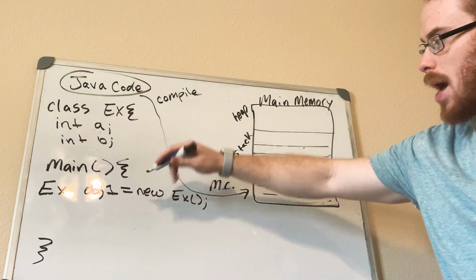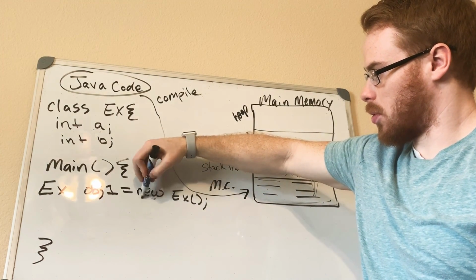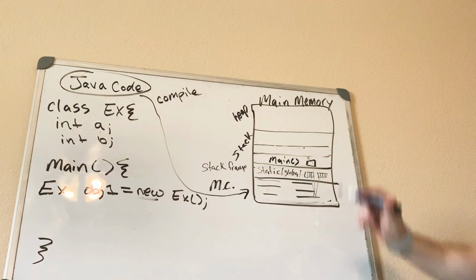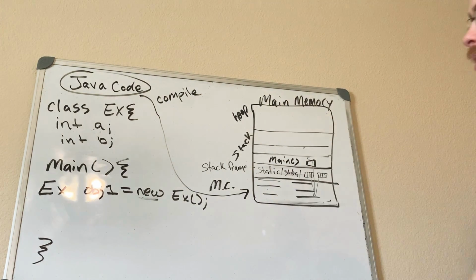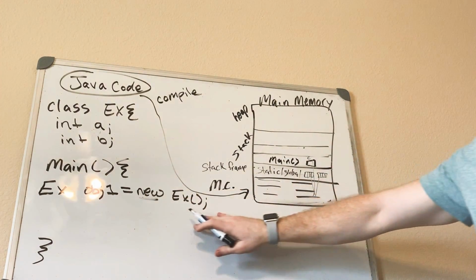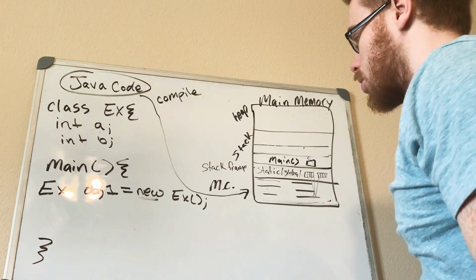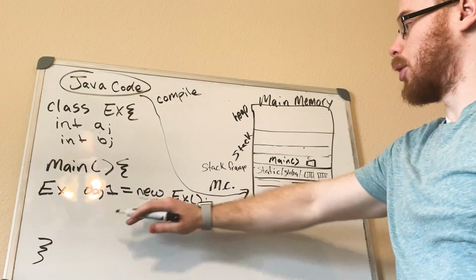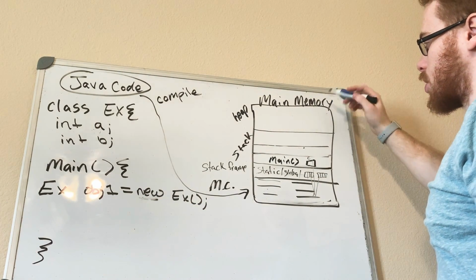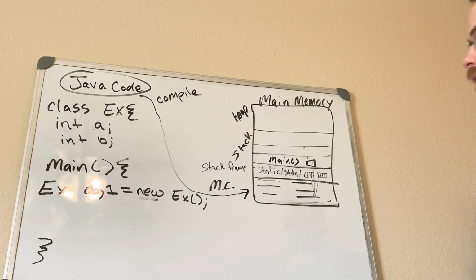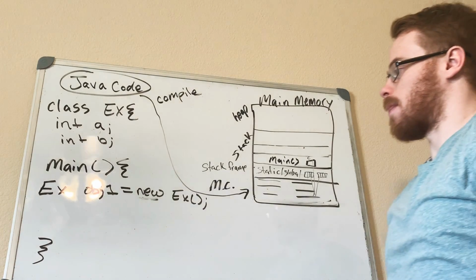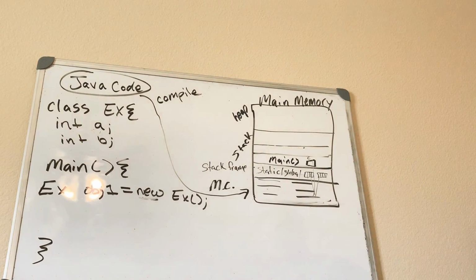What is happening is whenever you call the keyword new, that's when the heap is coming into play. And that's why these are called reference variables as well. I'm going to show you that here in a second. So when we're using the keyword new, this is when the heap is coming into play. Heap is usually going to be used for arrays and objects.